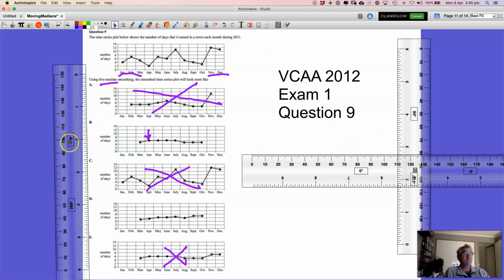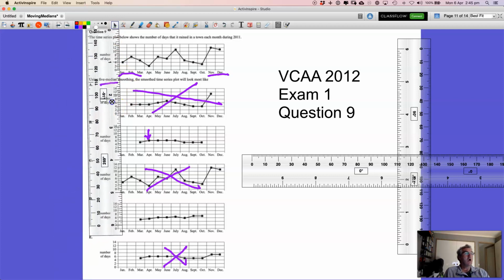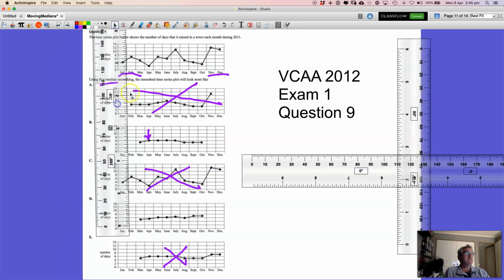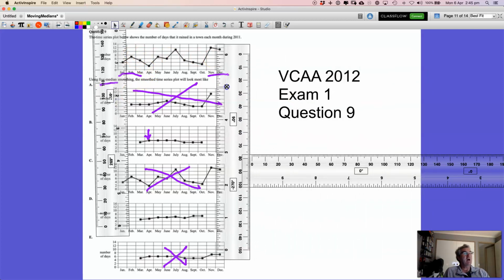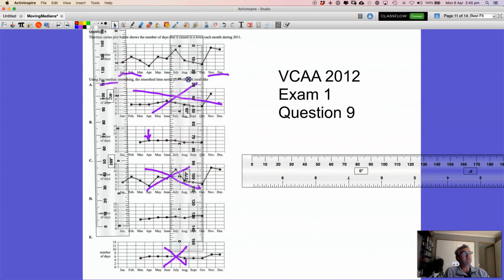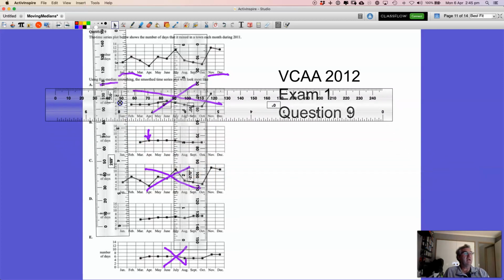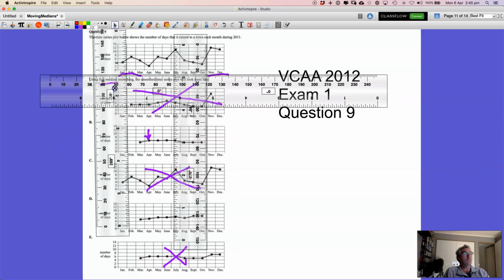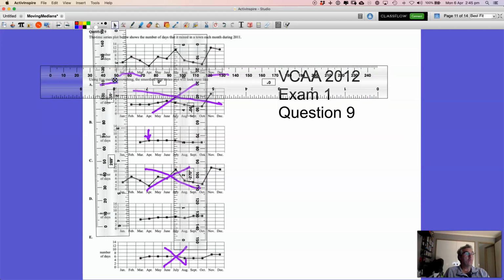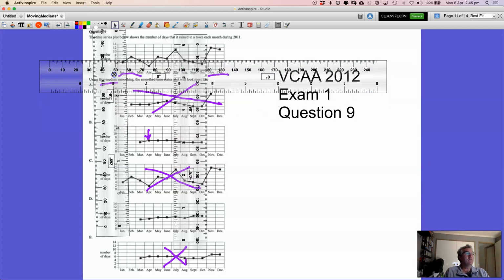and for the month of April, I need to consider 2 months before, 1, 2, 2 months after April, 1, 2, and then use my ruler and stop when I get to my third point. 1, 2, 3.